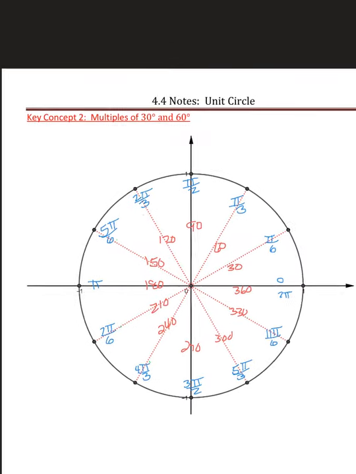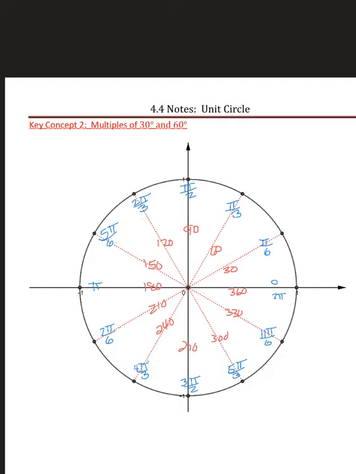Okay, so we're going to start to fill in the x and y values for every point with these special angles. So starting here on the positive x-axis, this is 0 radians or 2 pi radians, and the x-coordinate there on the unit circle is just going to be 1, and the y-coordinate is going to be 0.